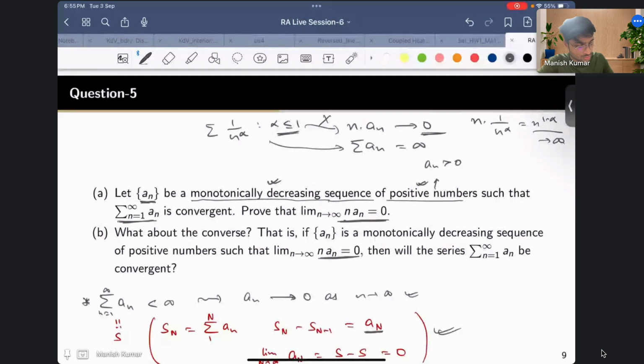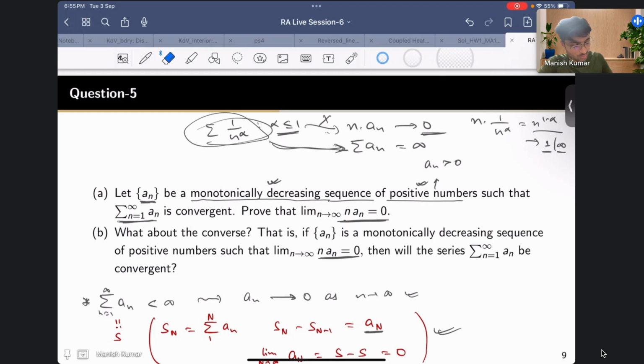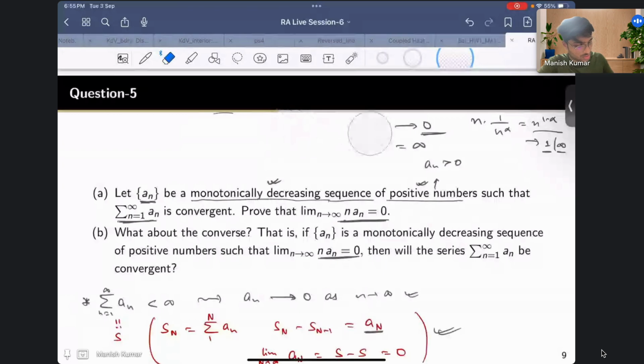Or when alpha is equal to 1, it will go to 1. So either 1 or infinity depending on alpha. So this type of example is not going to help. Okay, but you know one example.